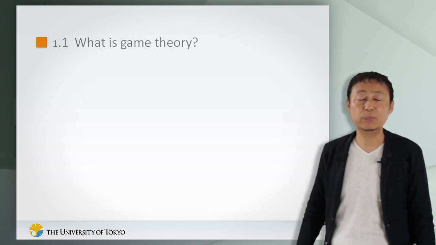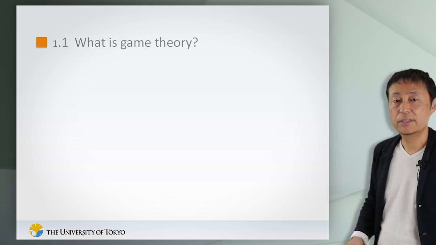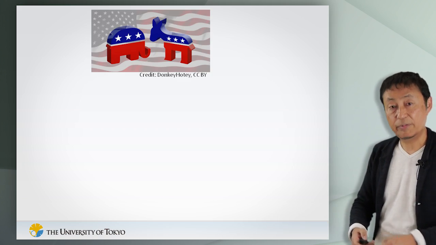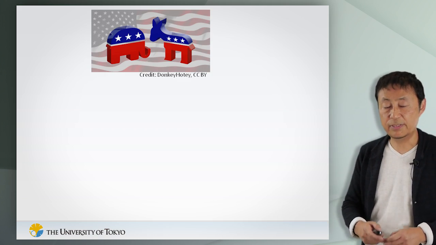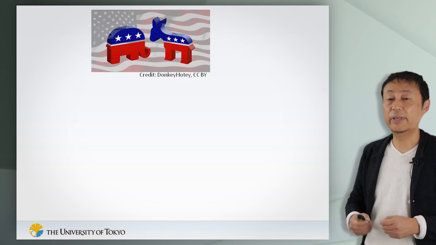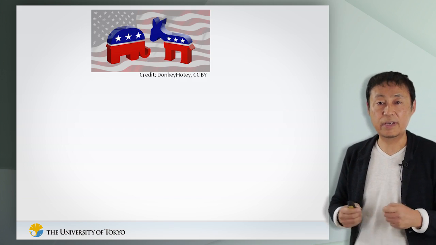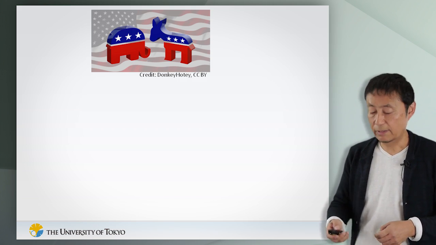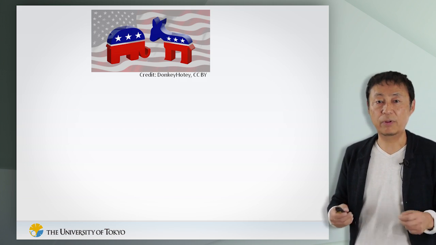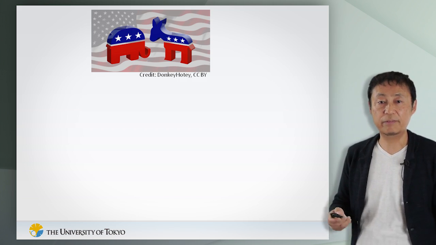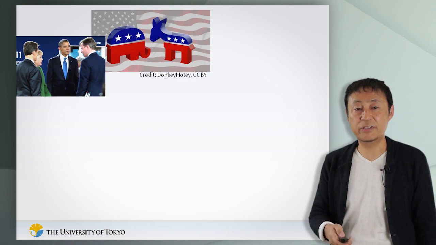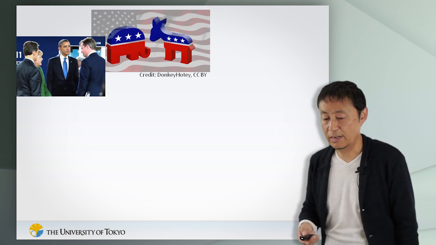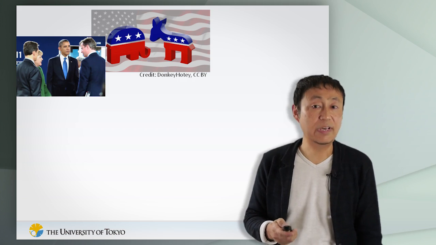What is game theory? Okay. So let me give you an example of the subject of game theory. Political campaign between the Democrats and the Republicans. This is an example of the research subject of game theory. Okay? And negotiation in business and politics or even daily life.